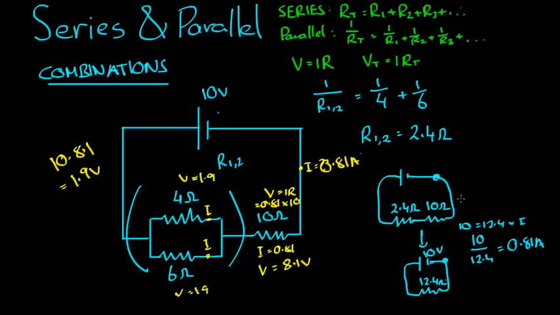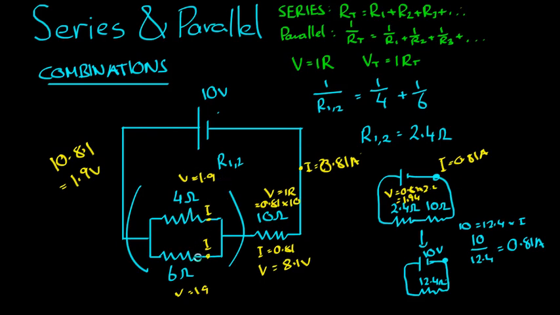Another way to solve this is to go back to this approximation, or rather model, and say, okay, if the current really was 0.81 amps, then the voltage across this one was equal to 0.81 times 2.4, which I have here equals 1.94. So a close approximation to what I had over there.